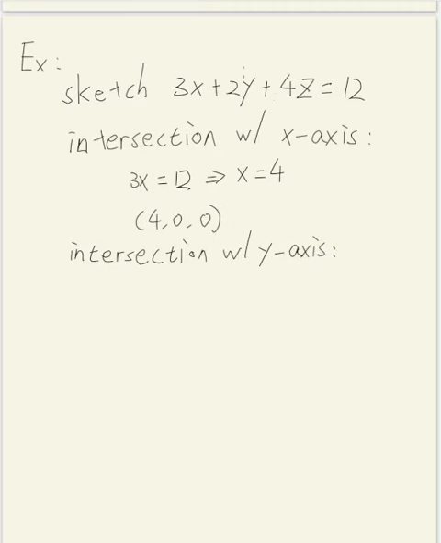And then the intersection with the y-axis, same story, except that now we have x equals z equals 0, and therefore 2y equals 12, y equals 6. So the coordinate of this point is 0, 6, 0. Alright, at last we have the intersection with the z-axis.